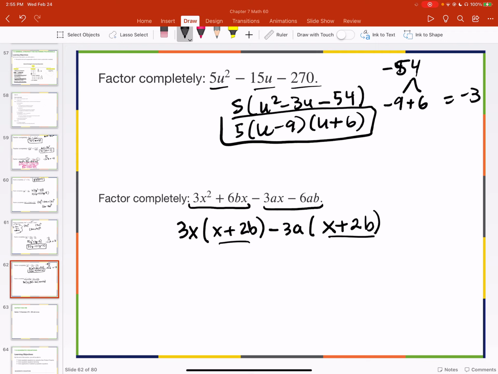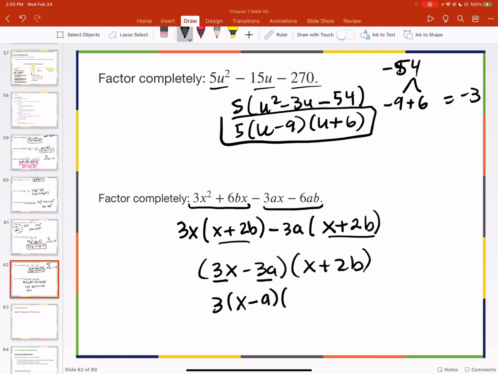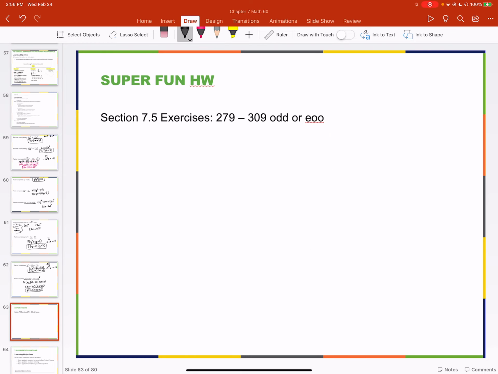Now these are the same, so your final answer is 3x minus 3a times x plus 2b. But wait a minute, this has a GCF of 3, so let's go ahead and factor that out. So 3 times x minus a, x plus 2b. I guess we could have actually taken out a 3 in the beginning, sorry. Okay, so that's it for this problem and this section.